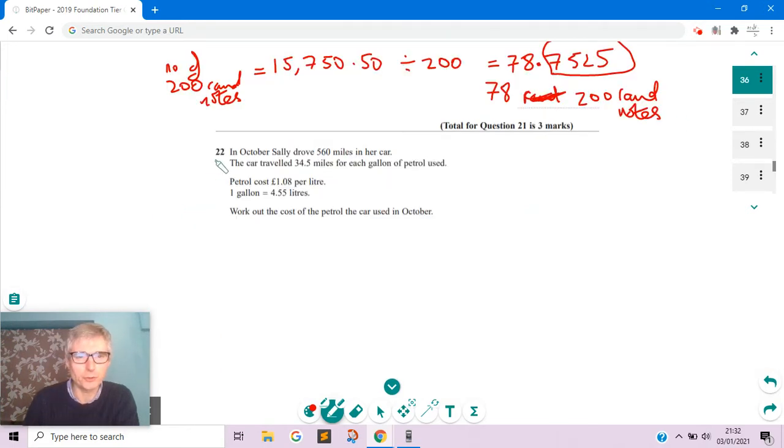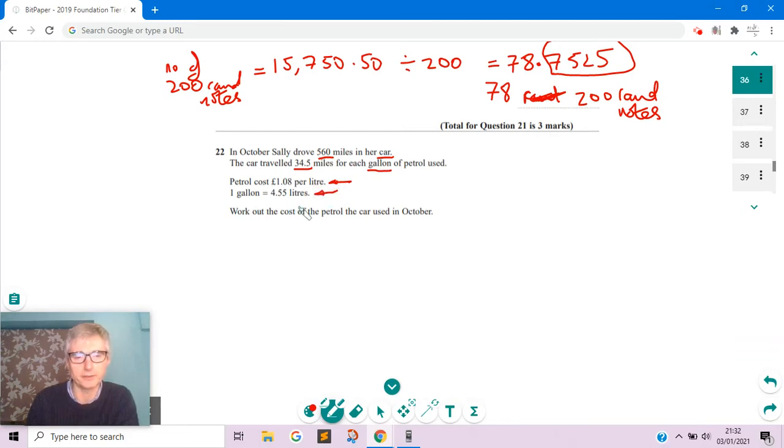If we move on to question 22, we're given a problem in which Sally has driven 560 miles in the month of October in her car, and the car travels 34.5 miles for each gallon. We're given the cost of petrol per litre, and we're also given a conversion between gallons and litres.